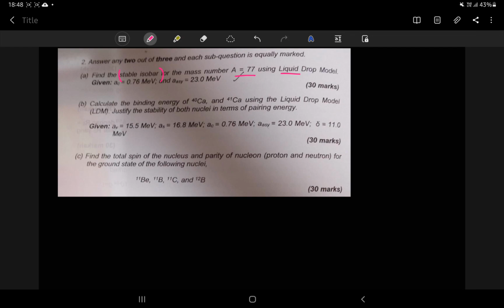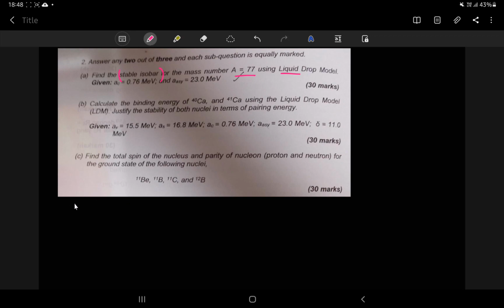It is also defined as how much energy is needed to separate them away from each other, so they are the same. For the stable isobar, we need to find the maximum binding energy with respect to the proton number, which means we need to use the application of derivative.